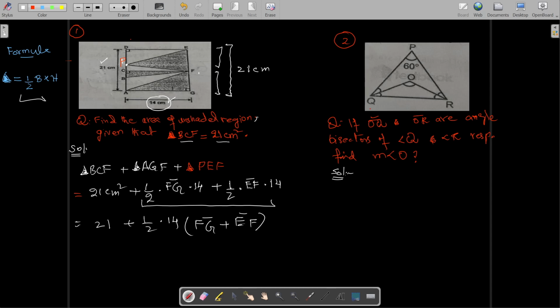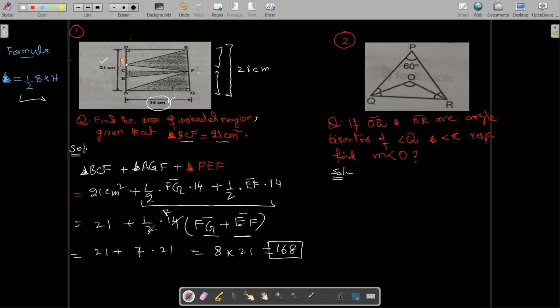So 21 plus 1 over 2 times 14, which is 7, times 21. So overall it is 8 times 21, which is 168. This is the area of the shaded region.